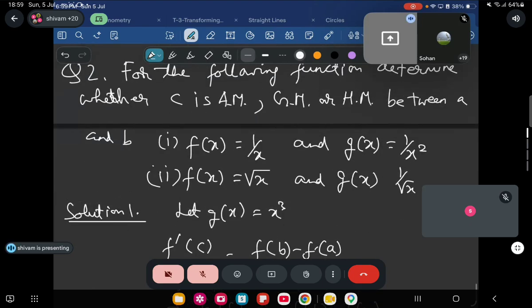Next, 2 part 1 I am solving. So what checkpoints? Yes, Shrita, 2 both are correct. Yes, Rishabh, 2 part 1 is correct. So, correct. 2 part 1 is correct. Rishabh.